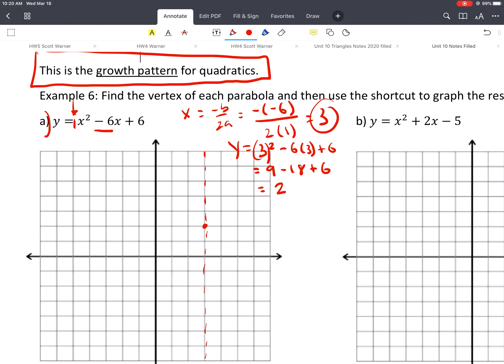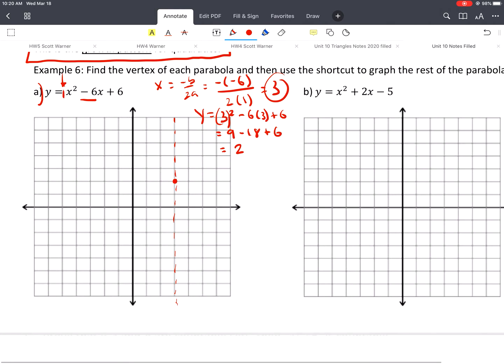Okay, so we find our vertex here at (3, 2). And since a is positive, we'll use our growth pattern. We'll go over 1, up 1, because a is positive, over 1, up 3, and then we're just mirroring over to the opposite side.